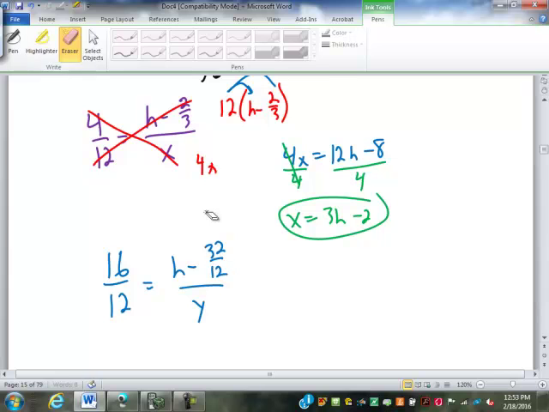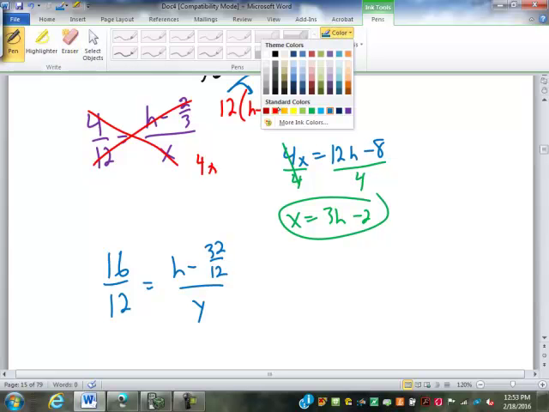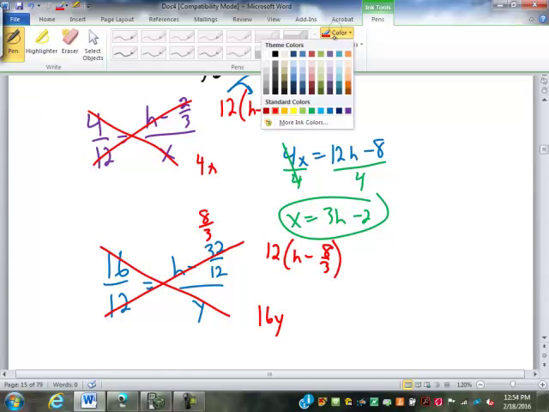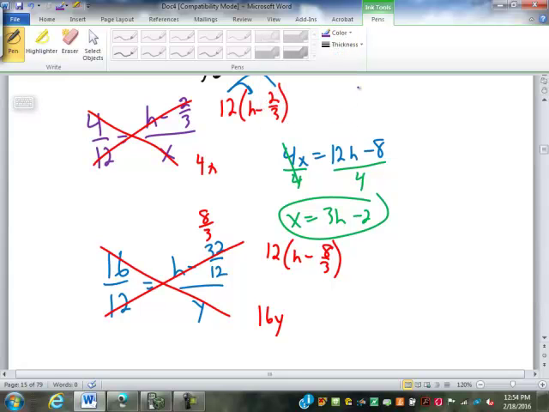Now 32 over 12 can be reduced to 8 over 3. We're going to leave it as that for now. So now we cross multiply. Here we got 16y. And here we've got 12 times h minus 8 over 3. I will pause for a moment for you.